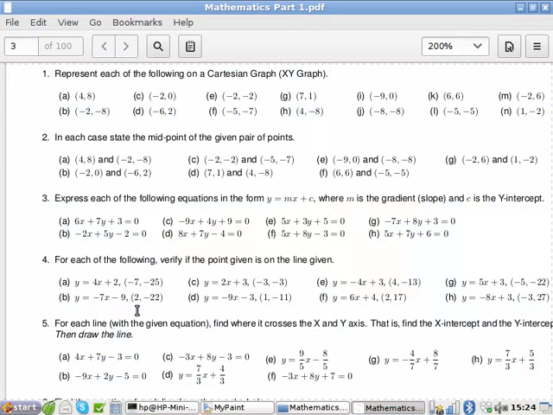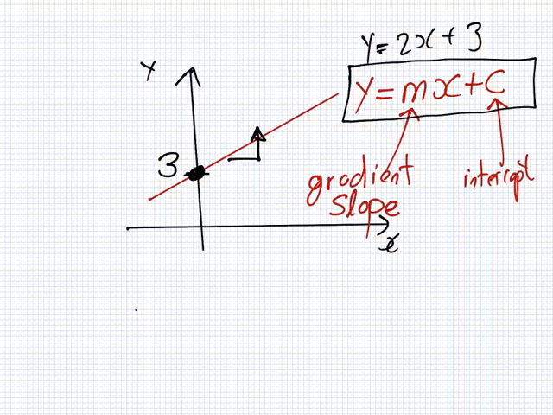For example, I'll just make up an example. Something like this: 2x plus 3y plus 5 equals 0. We have to, what's the verb? Make y the subject.